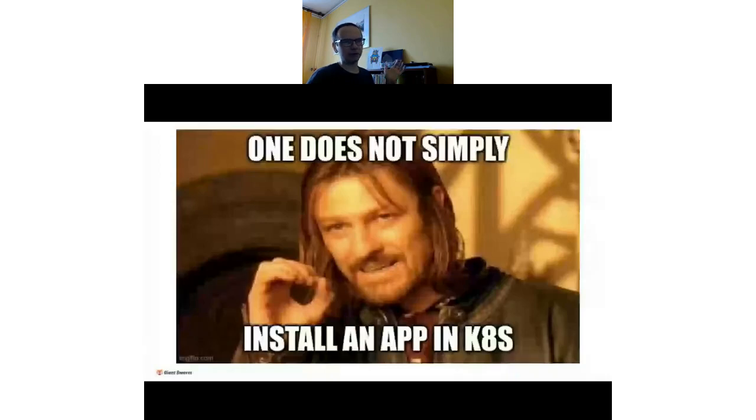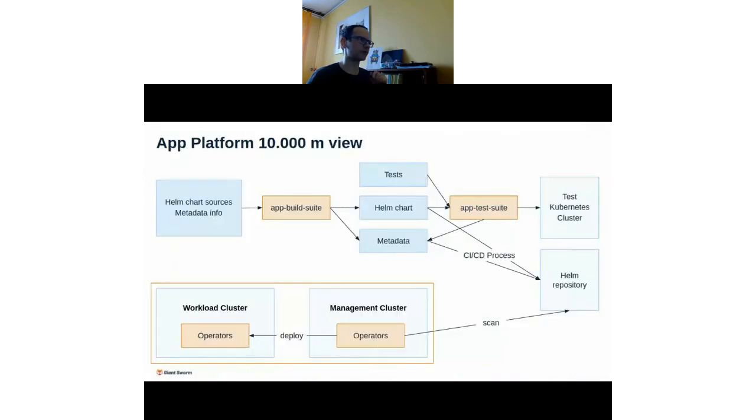So now we get to the most sophisticated, probably, part of our platform, which is lifecycle management. Because, like I said, at this scale, we can't just install an application to a Kubernetes cluster. We need to have some tooling to make it reliable, repeatable, and, well, possible to control.